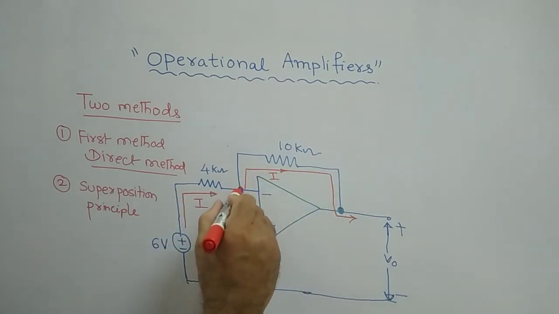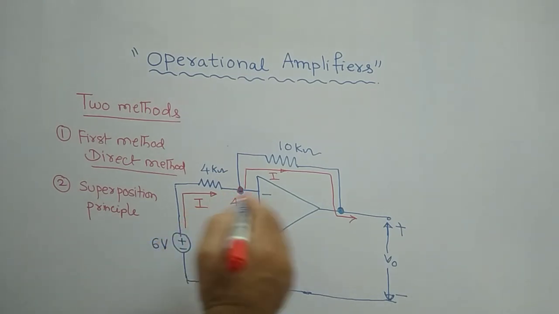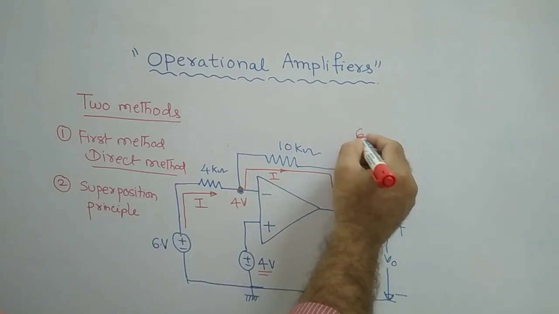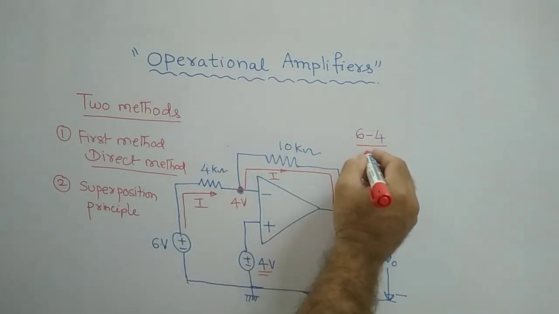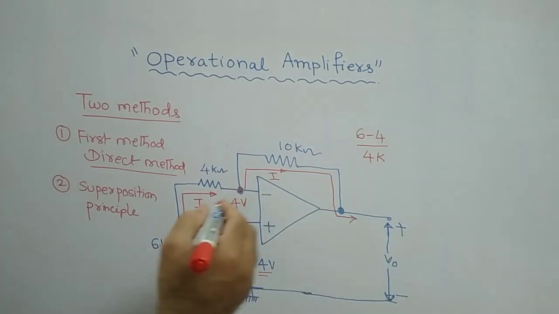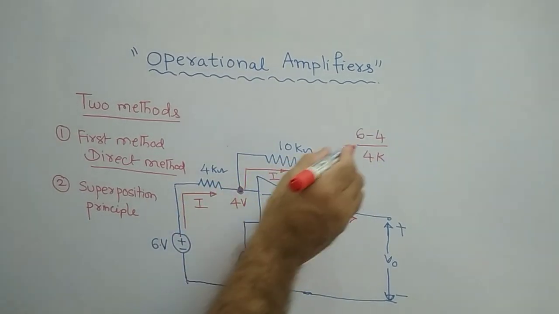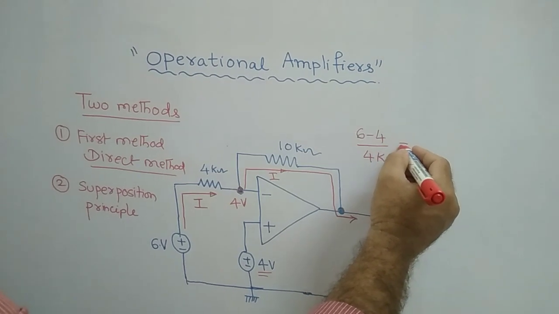The entering current is (6 minus 4) by 4K, the V by R form. This is the value of I, equal to the leaving current.